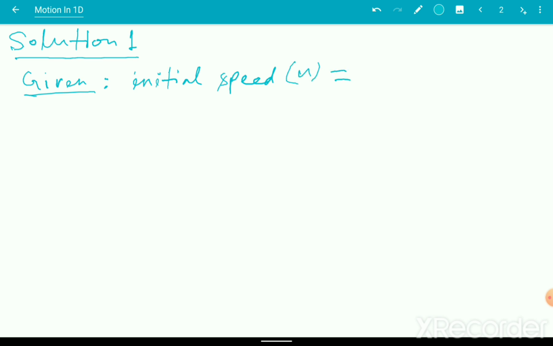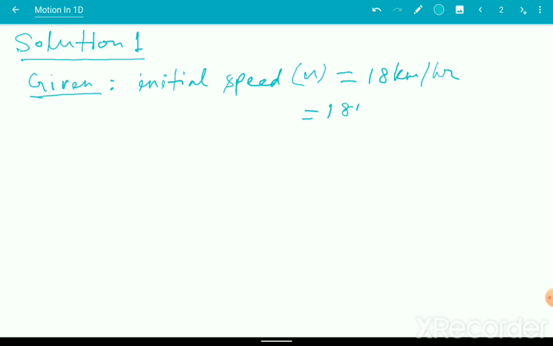It is 18 km per hour. When you are trying to convert kilometer per hour into meter per second, you have to multiply this term 18 by 5 by 18. So 18 multiplied by 5 by 18 gives the speed in meter per second, so it's 5 meter per second.